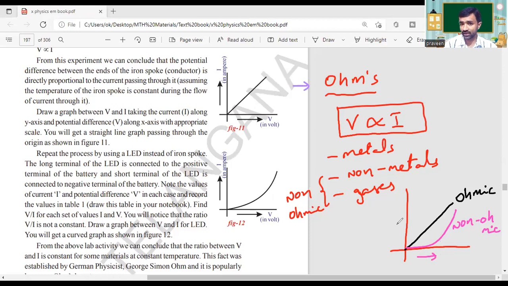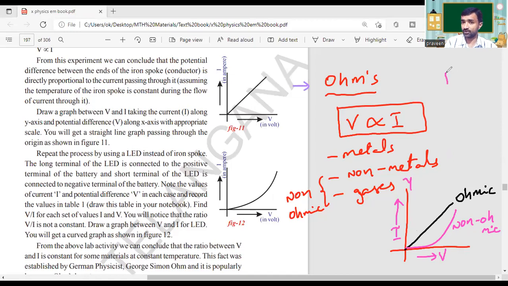On the X axis you take voltage V in volts, and current I on the Y axis.